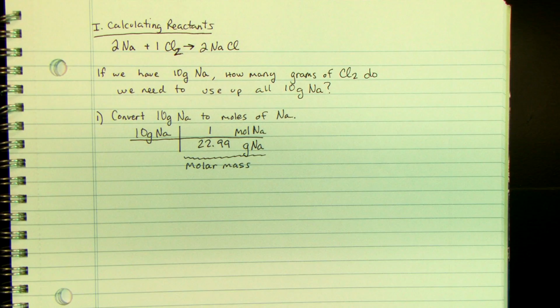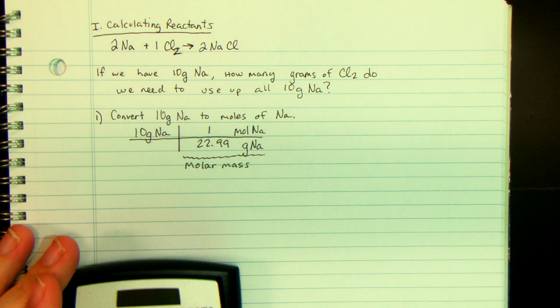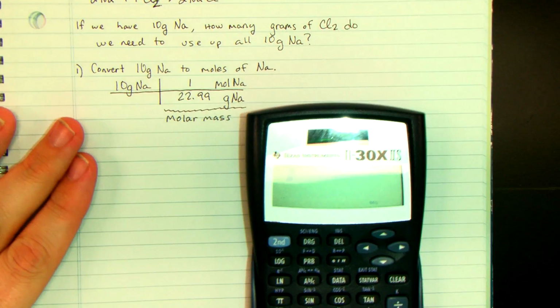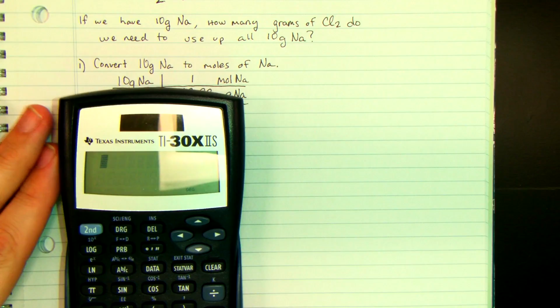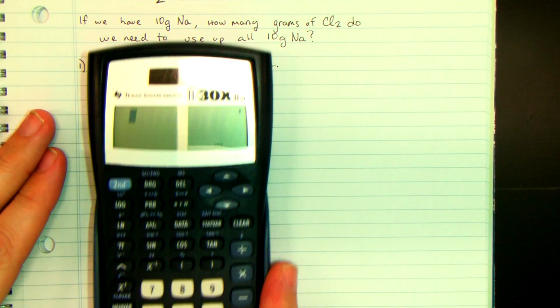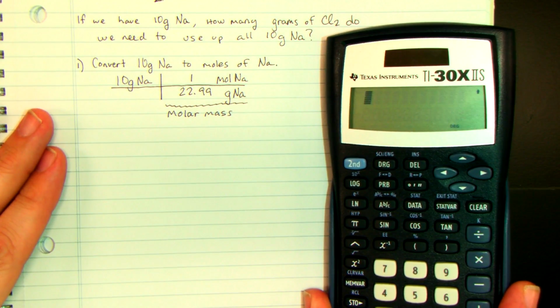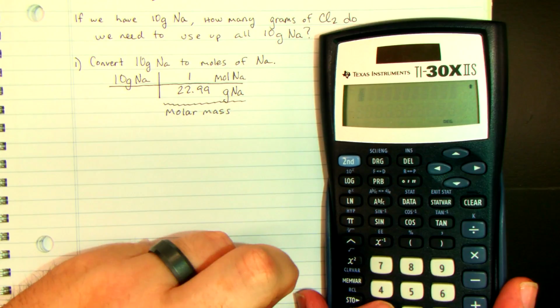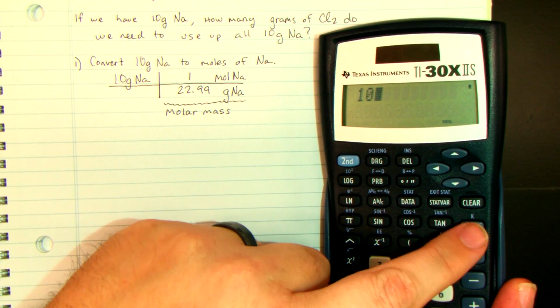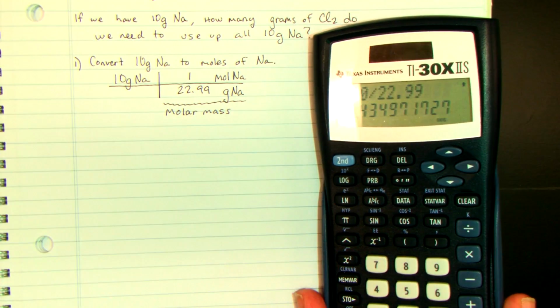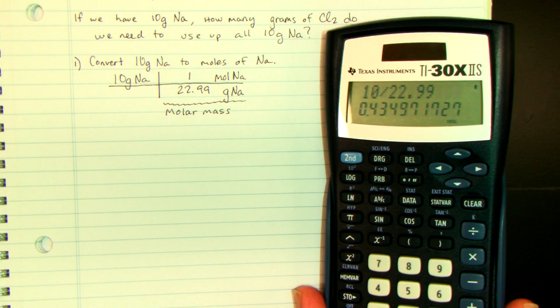And this is the first calculation that we have to do. So with the 10 grams and the 22.99, what am I going to do with those two numbers? Multiply or divide? Divide. So 22.99. And so I get this big number, 0.434971727.